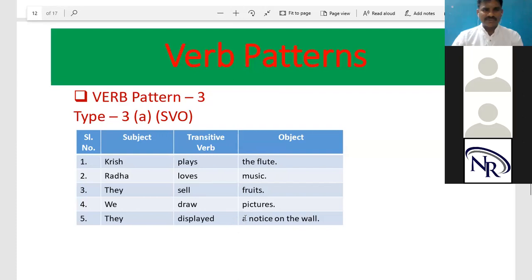Say some example in this pattern, at least one example.